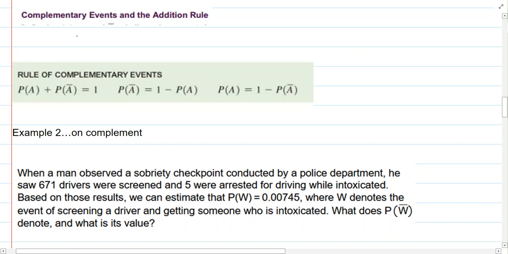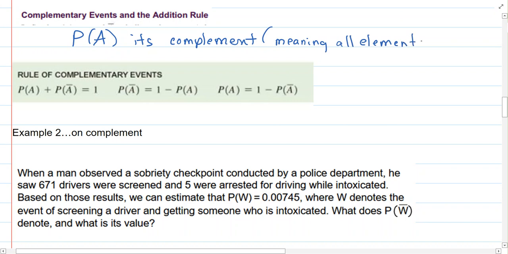So if I have the probability of event A, its complement, meaning all elements not in set A, is the probability of A with a bar on top. This bar implies complementary.